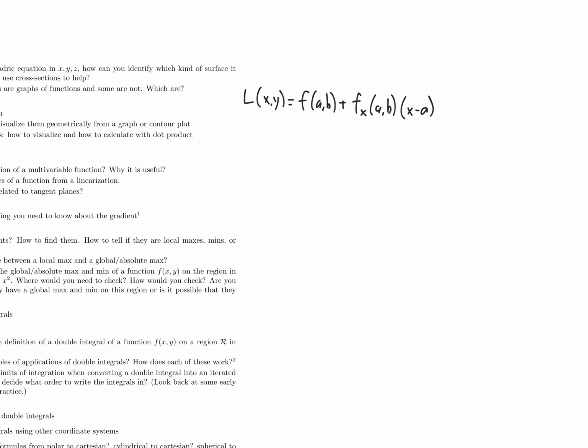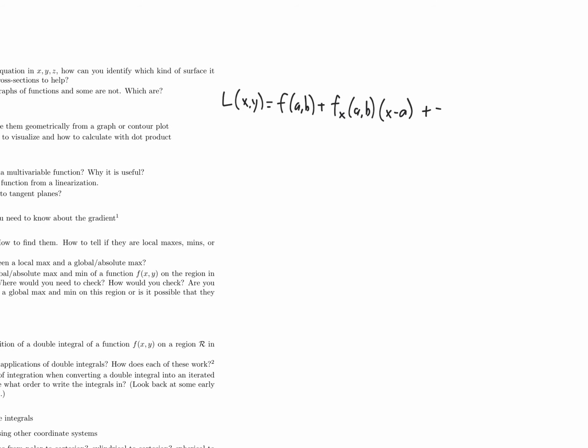So the formula is something like this: L of xy equals f of ab. Again, thinking of ab as a point that we already know about, plus fx of ab times x minus a plus fy of ab times y minus b.